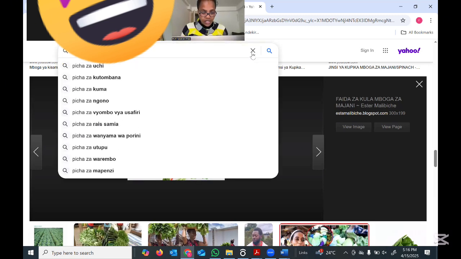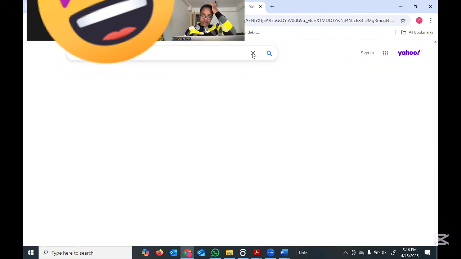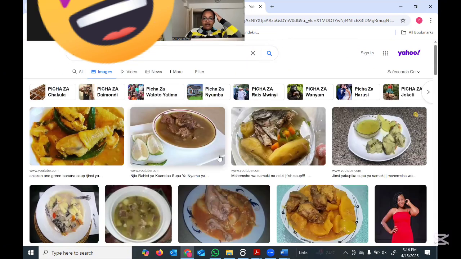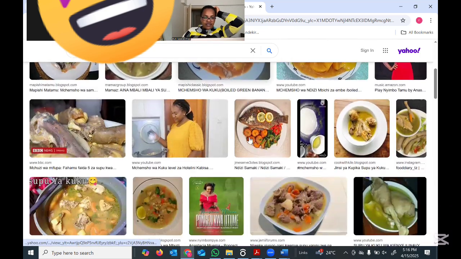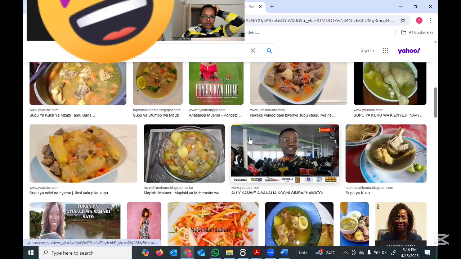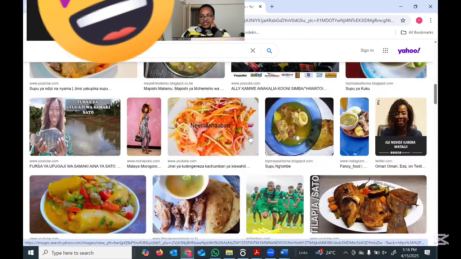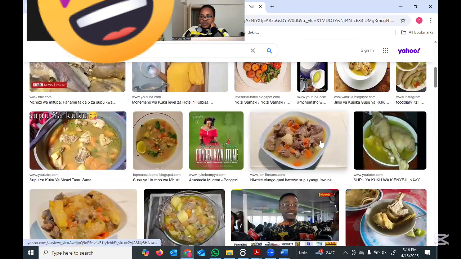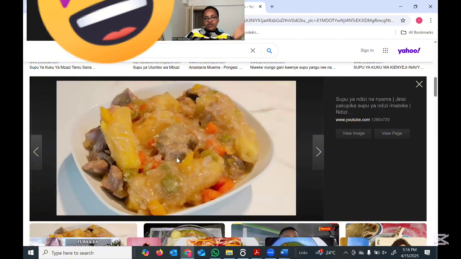Picha za supu au mchemsho. Unaona sasa? But this is some people when you add viungo, it looks like stew now. Unaona kama hii? Yeah, in German it's Brühe. Very good. Yeah. So inachemshwa tu hivyo.